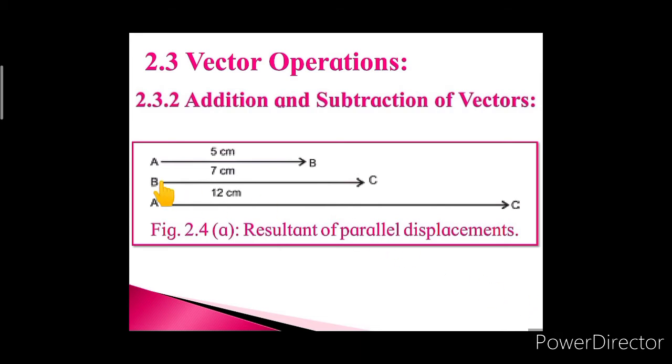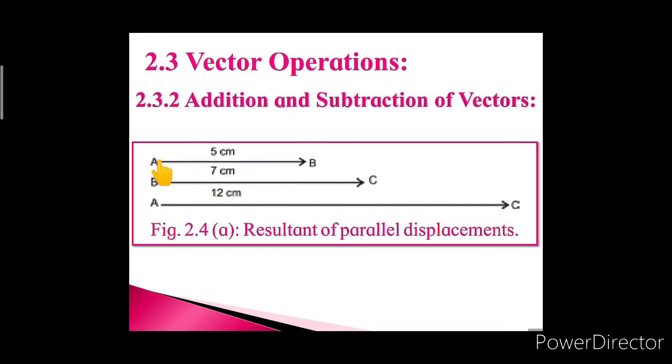Here vector AB has the direction from A to B, and its magnitude is 5 centimeter. Another individual vector is vector BC, whose magnitude is 7 centimeter, and they are parallel to each other. That means their directions are the same, so to get the resultant we have to add the magnitudes of these two vectors. So 5 plus 7 will be 12 centimeter.